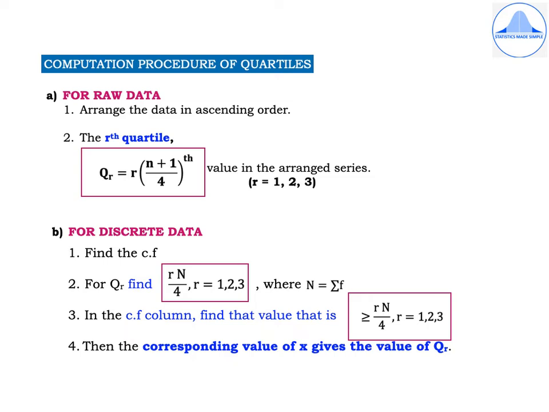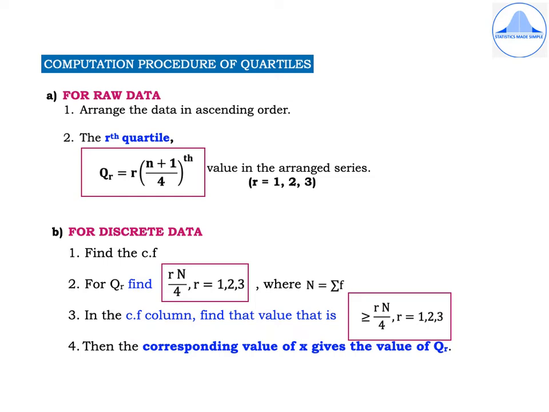Second subdivision for discrete data. The first step is to find the cumulative frequencies. The second step is for Qr. You have to find out r into N divided by 4, where r takes the values 1, 2 and 3 and capital N is equal to sum of the frequencies or summation f. The third step is in the CF column, find that value that is greater than or equal to rN divided by 4, where r takes the values 1, 2 and 3.